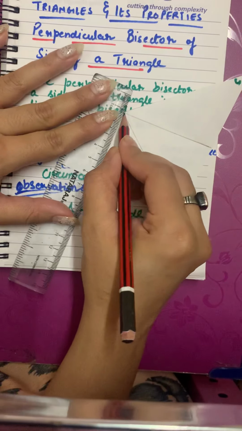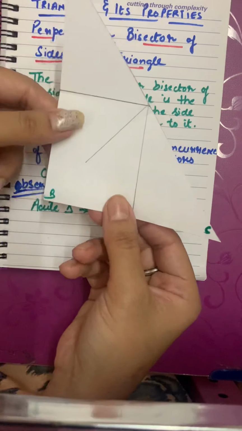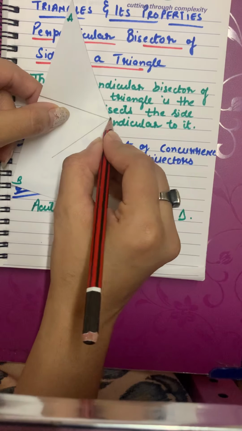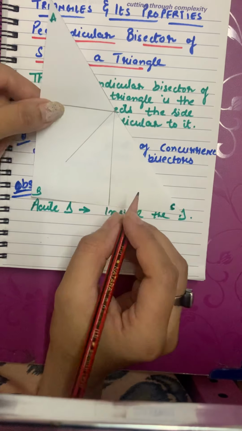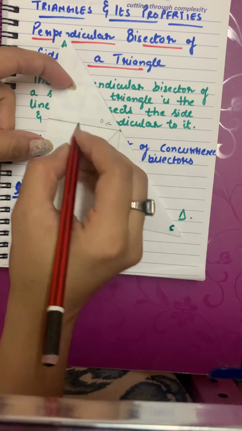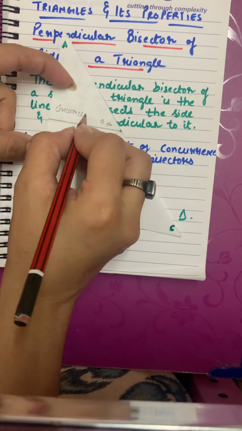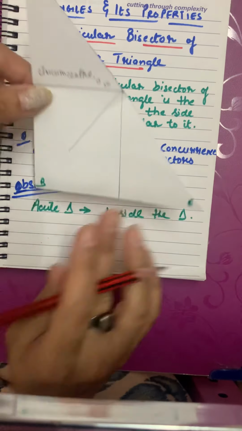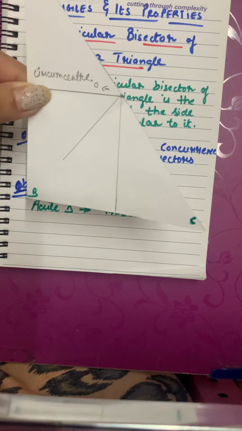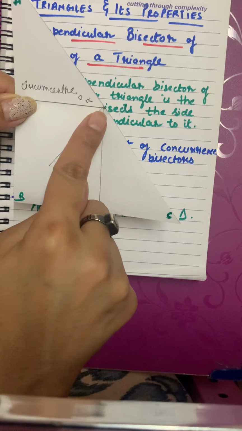So you will make an interesting observation over here. See, in this right angle triangle, this is the point of concurrence of all the perpendicular bisectors. This is the circumcenter. I'm marking it as O, and this is circumcenter. In case of right angle triangle, the circumcenter lies at the midpoint of the hypotenuse.